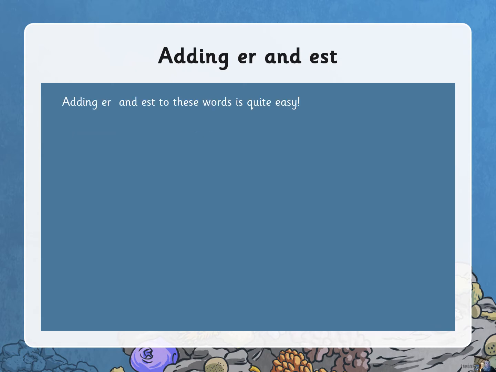But adding er and est to all adjectives isn't quite that easy. As you might remember from adding ed to certain verbs, it will require a spelling rule and things that we need to remember.